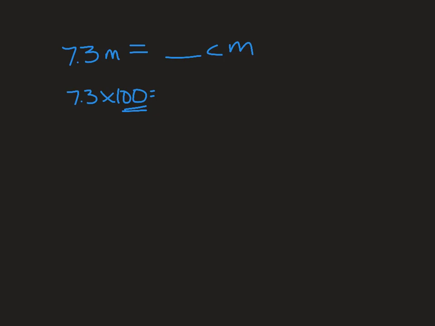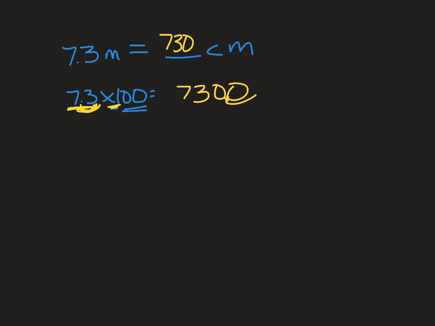I can do my basic fact of 1 times 7 and 3/10, which is 7 and 3, right? And then I add two zeros. And then I think, how many decimal spaces do I have? Well, there's only one decimal space. I come over and I put my decimal point here. My answer is 730. That's one way of thinking of it, right?